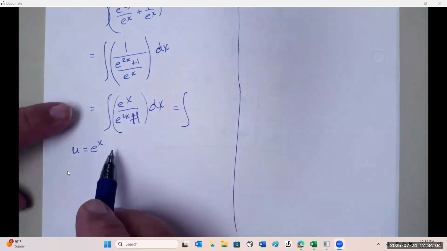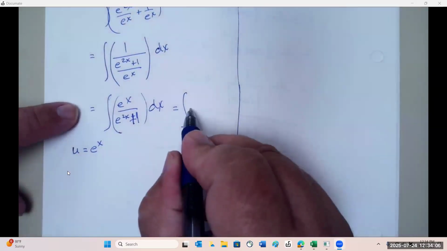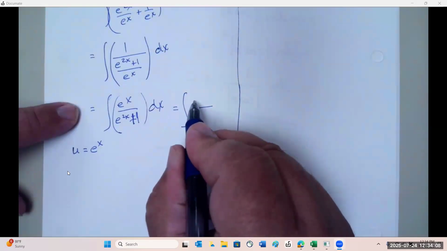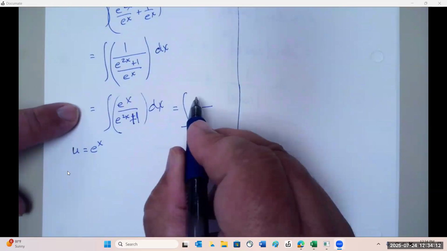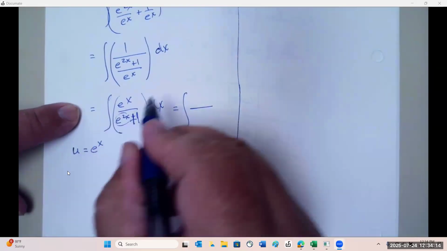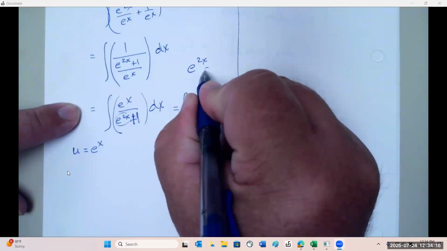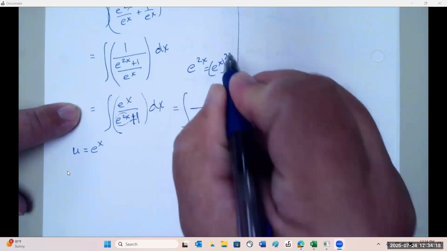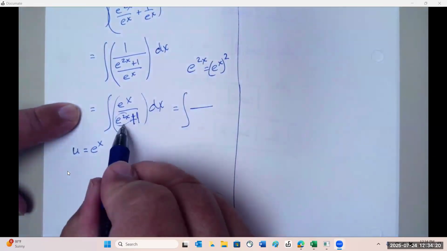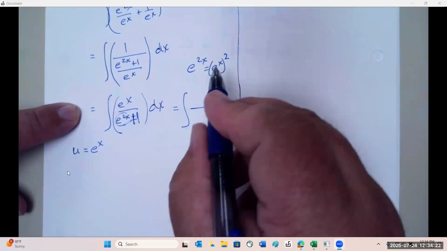What is that going to give us? Shouldn't that be e to the 2x because that's the greater exponent for the u? Right. e to the 2x is e to the x squared. So we have a function down here squared plus 1.